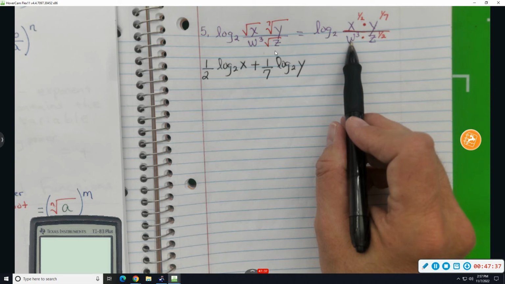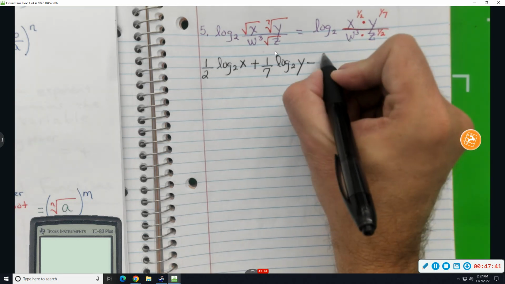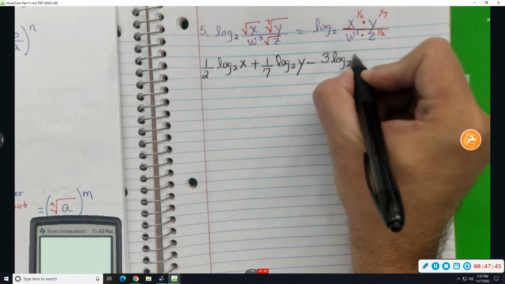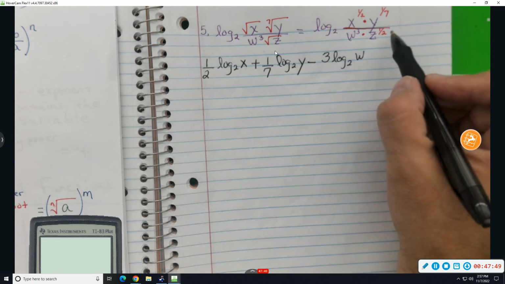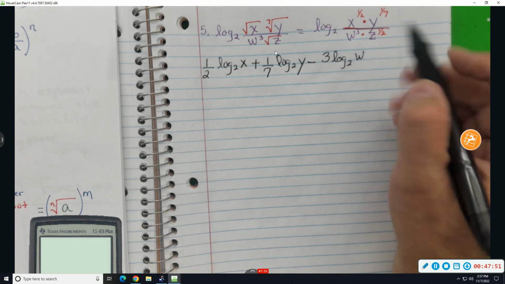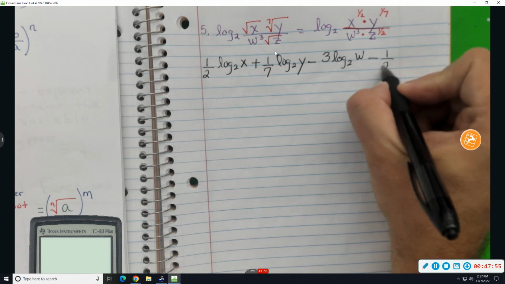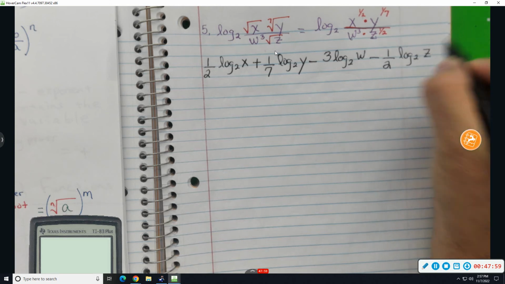Plus or minus? Minus, because it's on the bottom. Write the exponent, then log base 2 of w. And one more thing, the z, plus or minus? Minus 1/2 log base 2 of z.